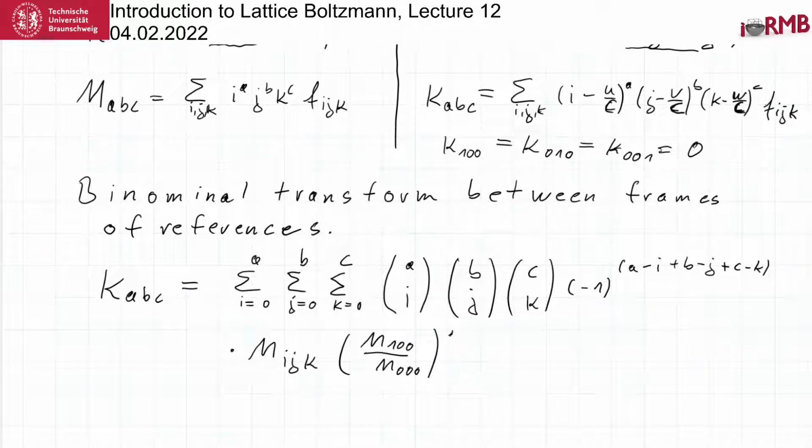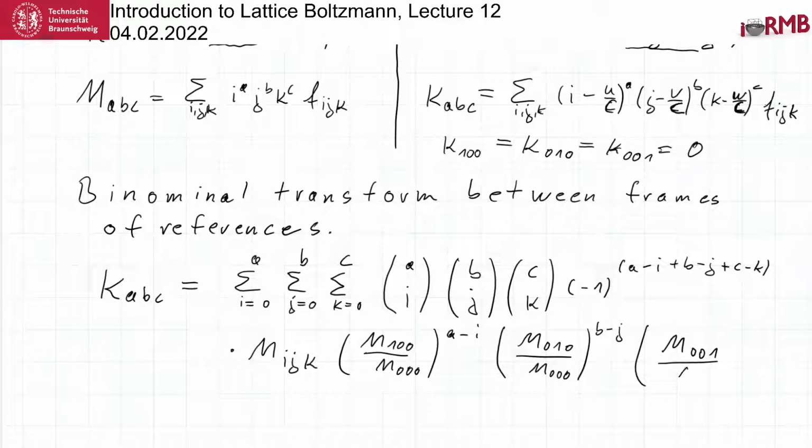This is the velocity to the power of A minus I, M010 divided by M000 to the power of B minus J, and M001 divided by M000 to the power of C minus K. So this is the way you transform between raw moments and central moments.